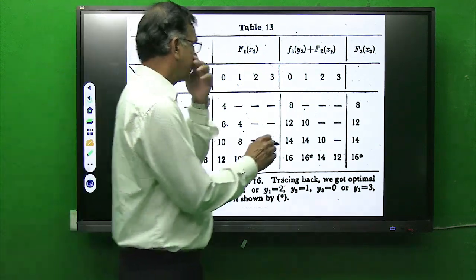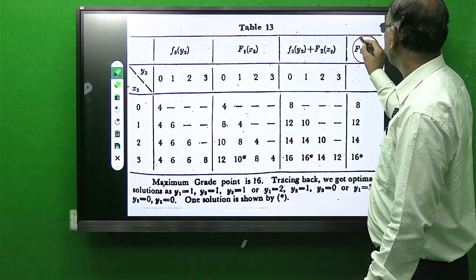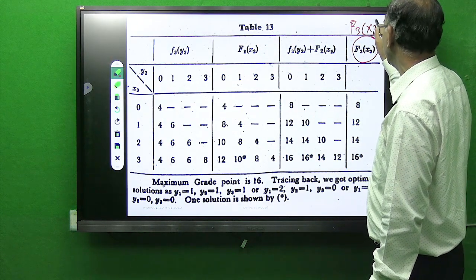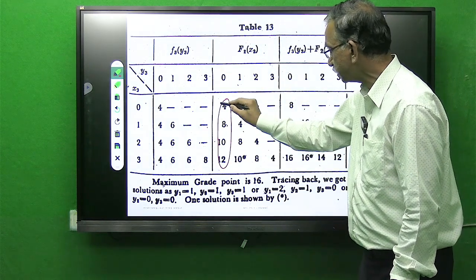This is our final table, where we are interested in maximizing grade point as f3 of x3. So this is the output of second stage.